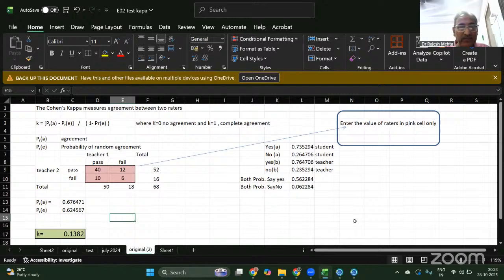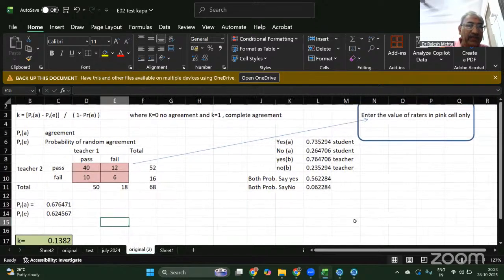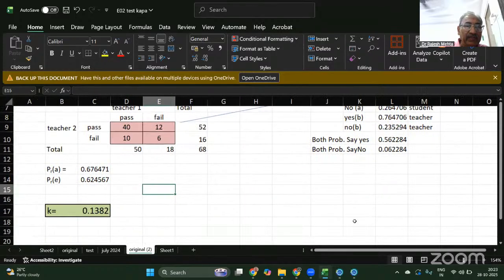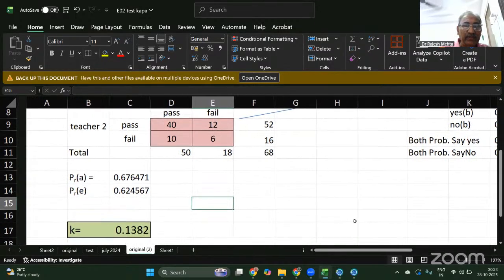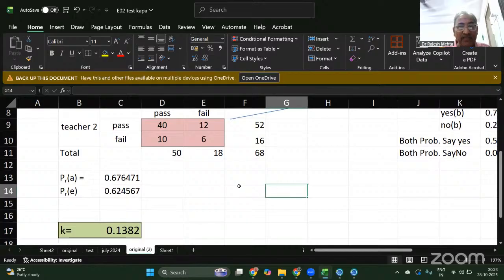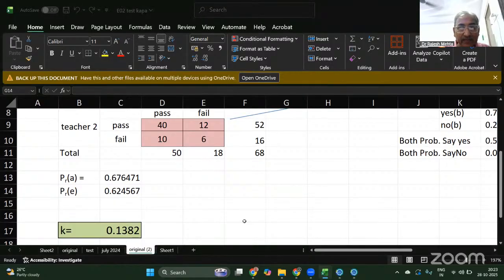Probably you are able to see the result. If you are not able to see the result, probably now you'll be able to see the result. Now, what does it mean? Teacher 1 and teacher 2, kappa score is probably shown to you, and I expect the result. Is it a good agreement or less agreement?